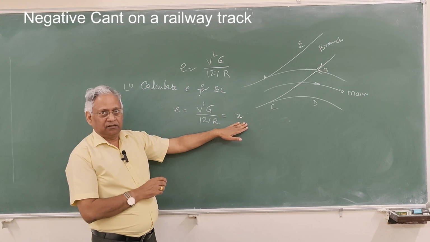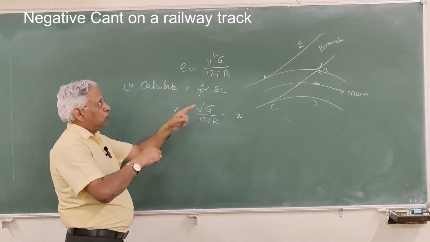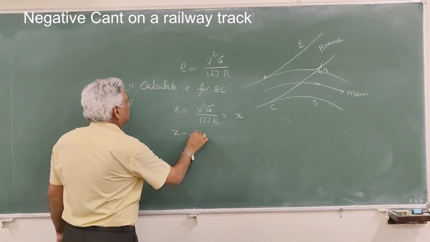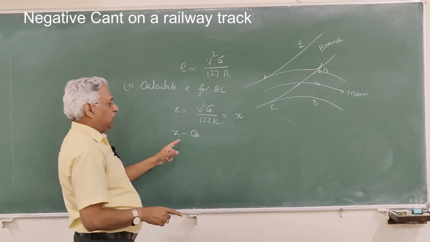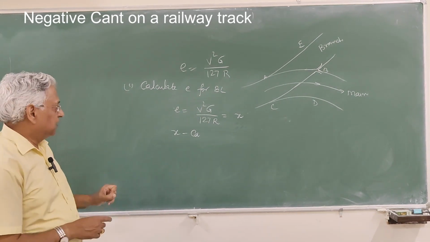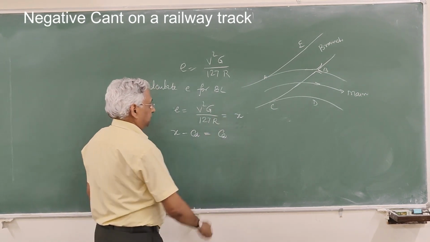Reduce this cant by an amount equal to cant deficiency. So actual cant provided on branch line will be X minus CD. And what is CD? 75 millimeter for broad gauge. And let us say this is the actual cant provided here.